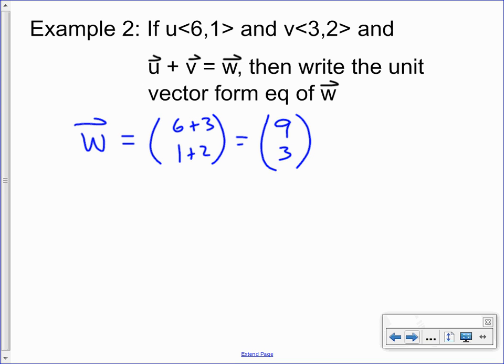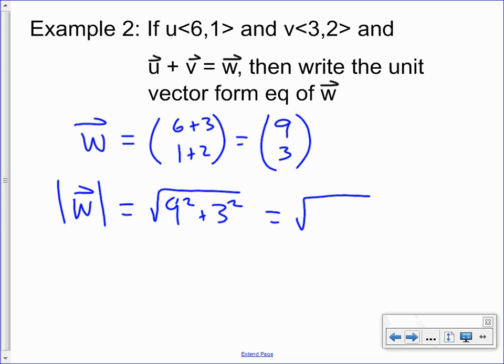To find the unit vector of it, the unit vector of w, first of all, we need the magnitude. Square root of 9 squared plus 3 squared. 81 plus 9. It's easy. 90. And you could just leave it like that.